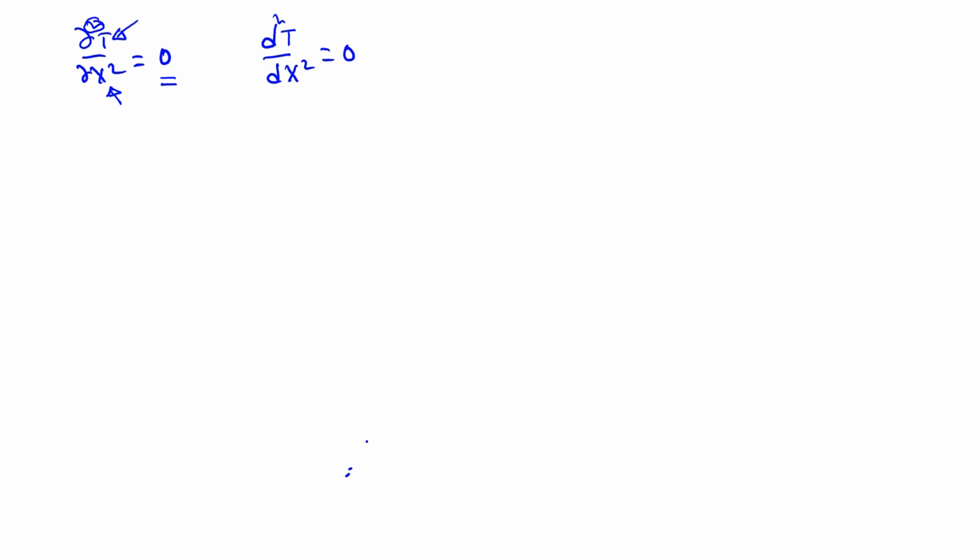We can think of it this way: d dx of something equal to 0. This is my function, let's say. If the derivative is equal to 0, then the function must be a constant.